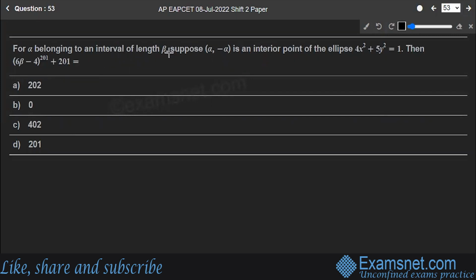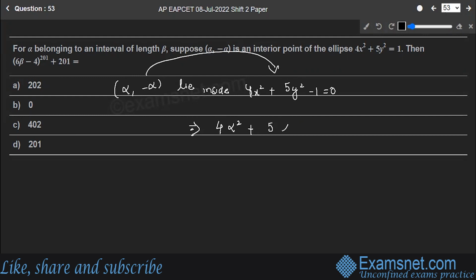For alpha belonging to an interval of length beta, suppose (alpha, -alpha) is an interior point of this ellipse. Then this whole expression is equal to. See, one thing you are given is that alpha and minus alpha lie inside 4x square plus 5y square minus 1 is equal to 0. So let's fill in the points in this given equation. You will have 4 alpha square plus 5 minus alpha square, which gives 9 alpha square minus 1.